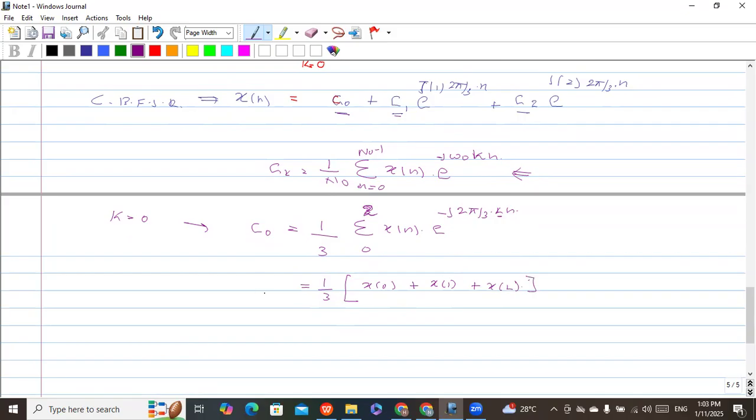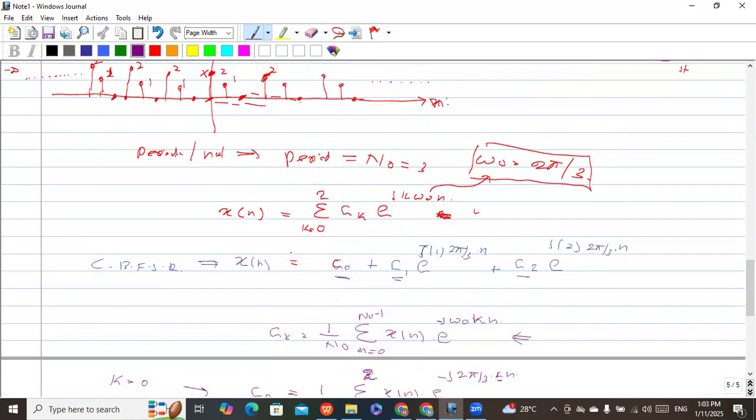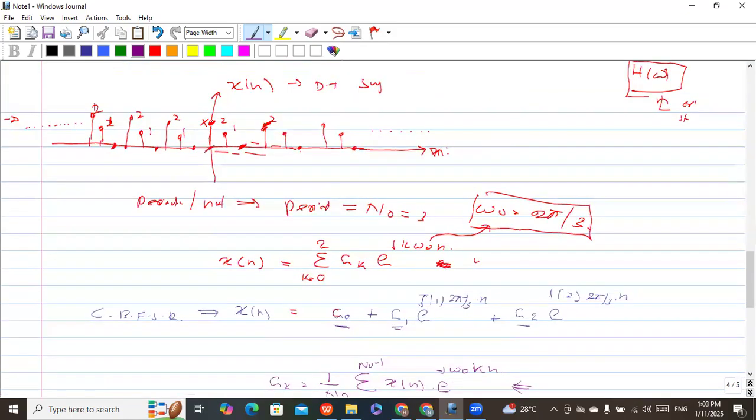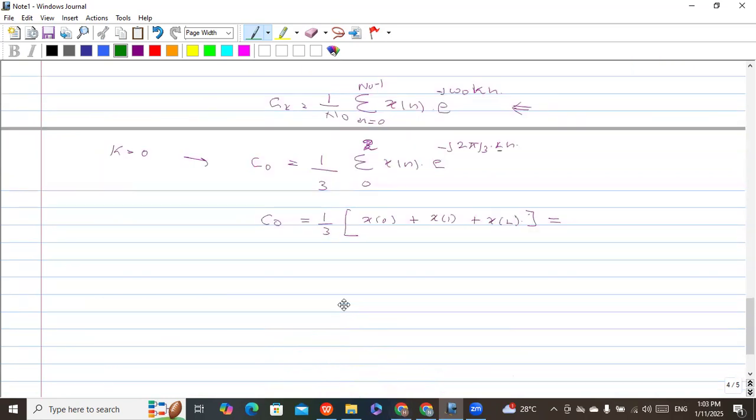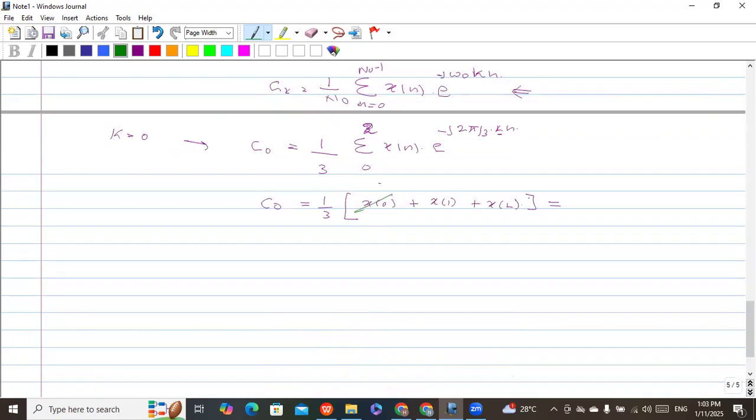So this will be the c naught coefficient. And what is the c naught coefficient? This is x naught, that is 2, x1 is 1, x2 is 0. So x0 is 2, x1 is 1, x2 is 0. So c naught will be 1.